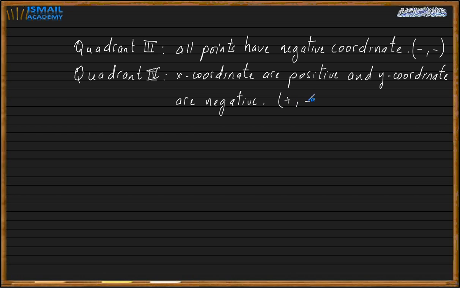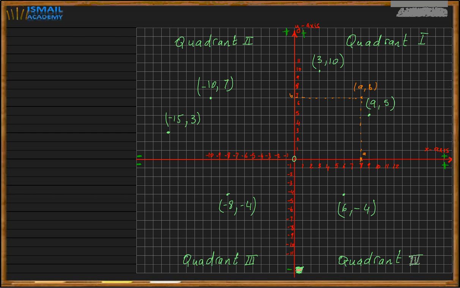Now, for example, if I want to draw a point in the coordinate plane, if they ask me to draw the point 4, 9, what I do is go to the x coordinate 4. I start with 4, and I move 9 up. So the point is here. That means this is 4, 9.